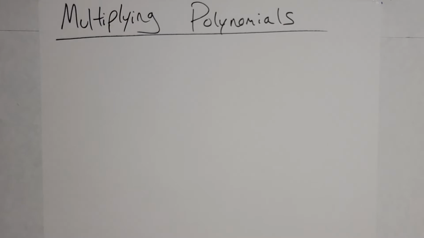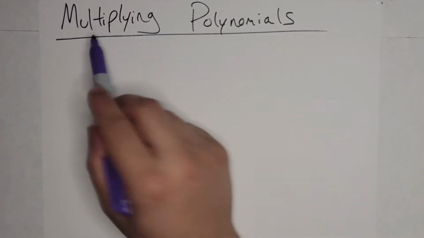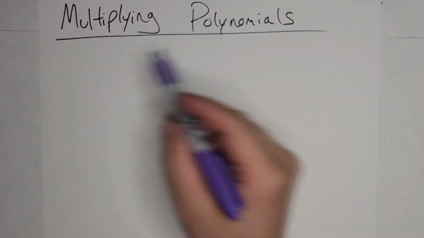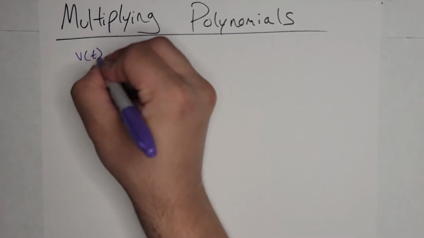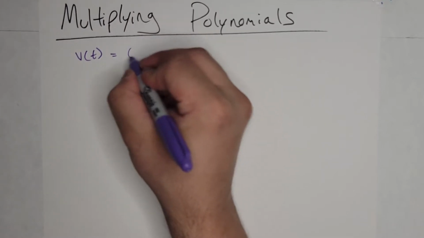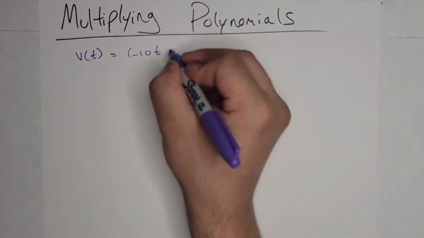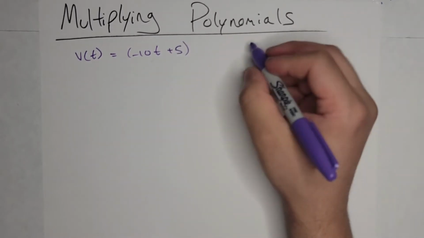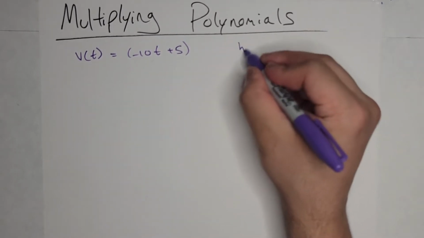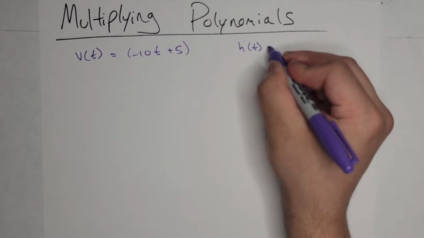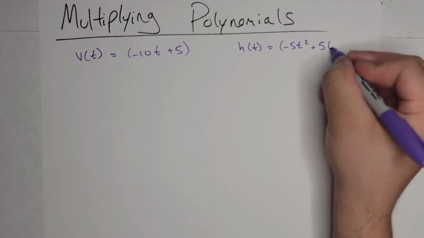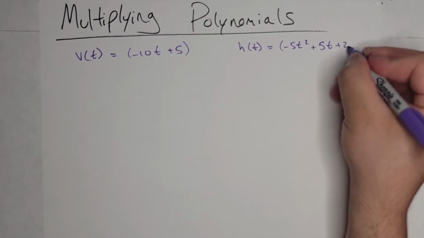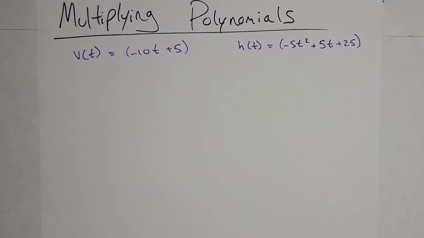Okay, so in this video, we're going to be multiplying polynomials. So let's start with two functions. So now that I have these two functions, I want to multiply them.